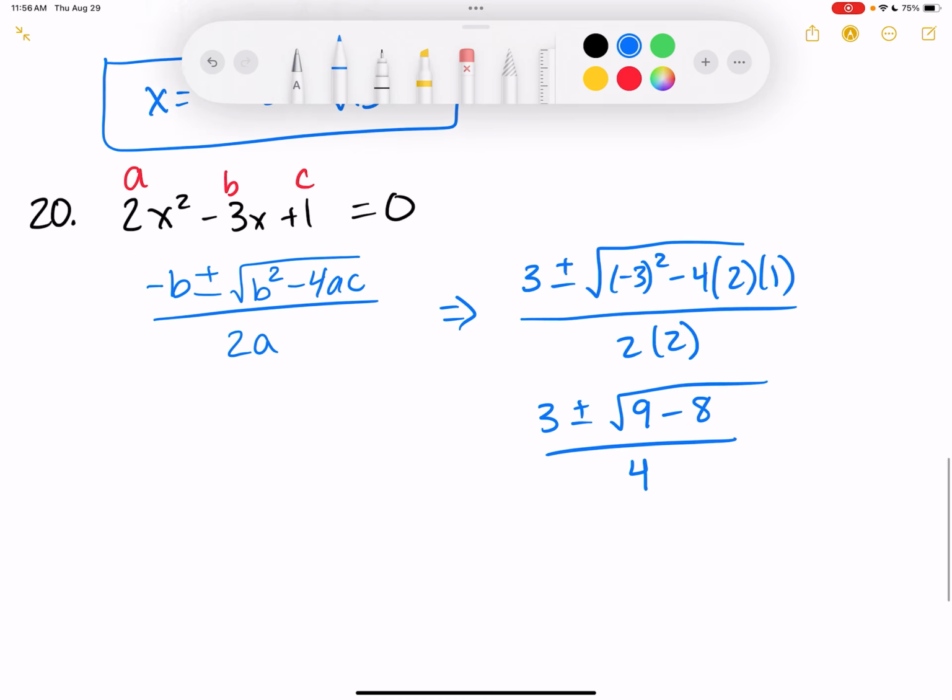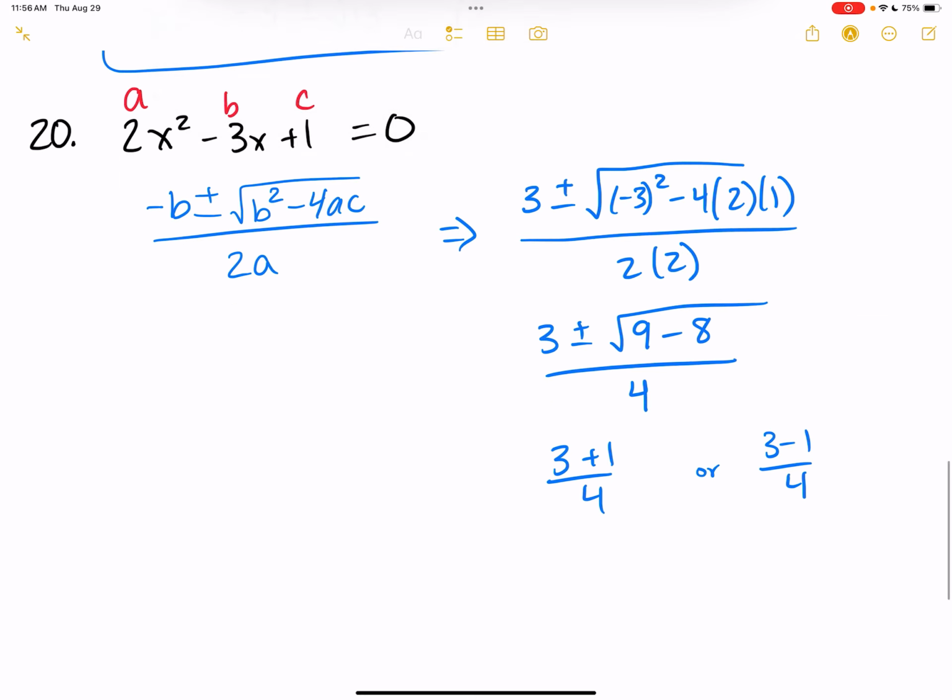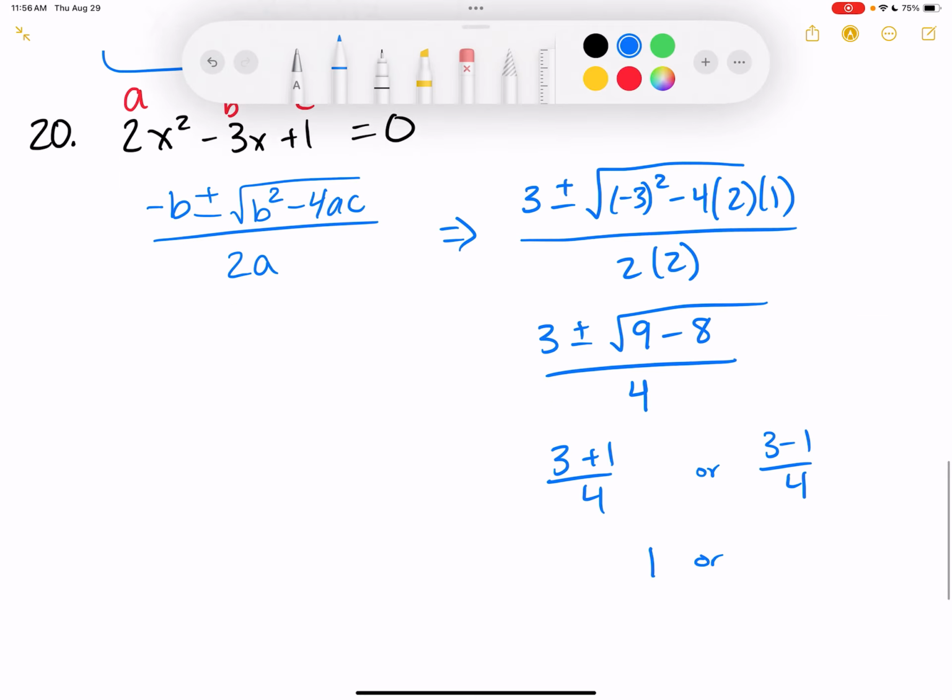So that's just the square root of 1, which is 1. I was hoping I wasn't going to trick anybody there. So I'm going to go ahead and split it. So 3 plus 1 over 4 or 3 minus 1 over 4 gives us 1 or 2/4, which is 1/2. So x equals 1 or x equals 1/2.